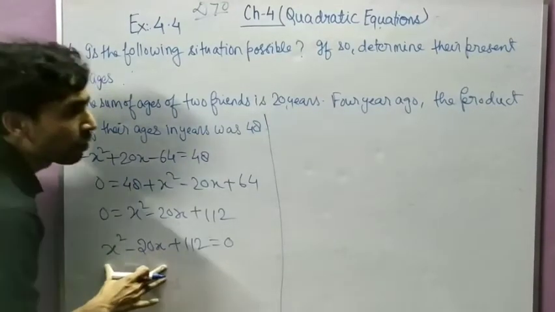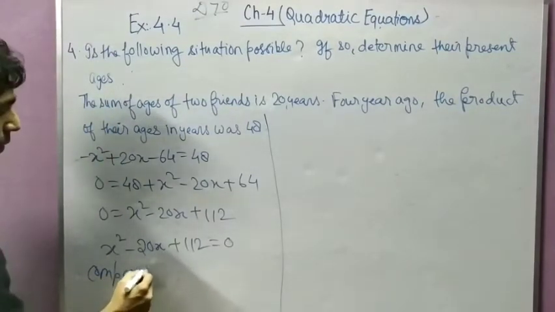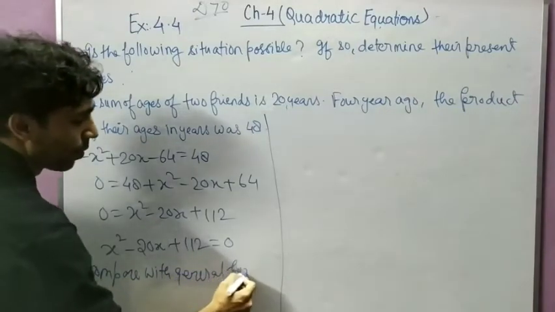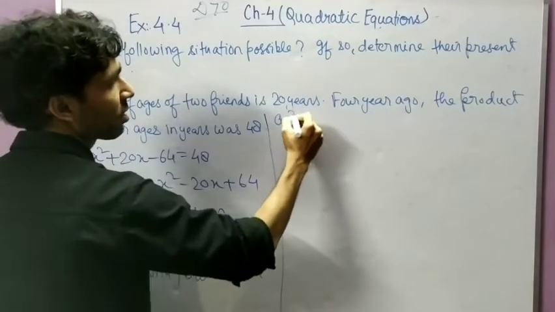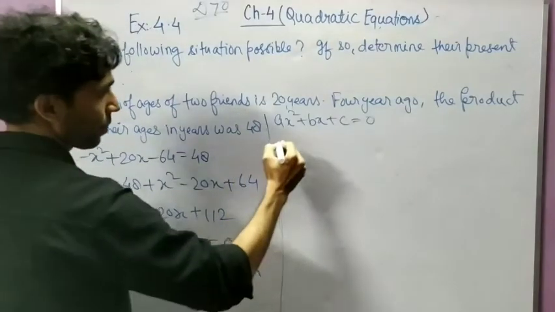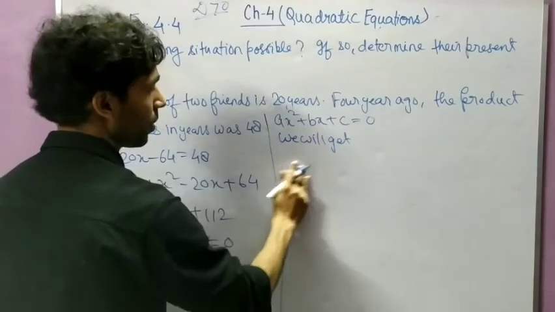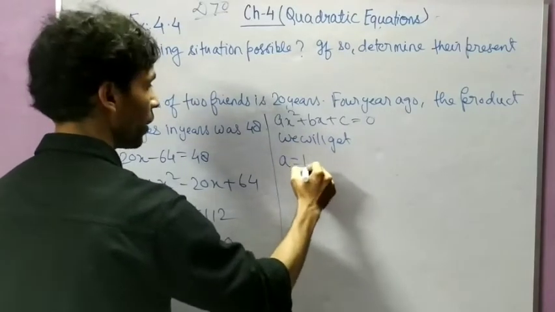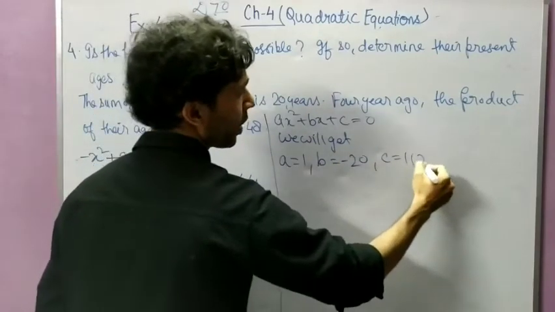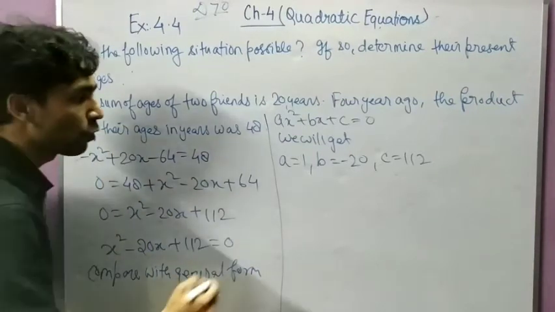So when we compare this equation with the general form, that is ax square plus bx plus c equal to 0, we will get a equal to 1, b equal to minus 20 and c equal to 112. For checking whether this condition is possible or not, we have to find d.